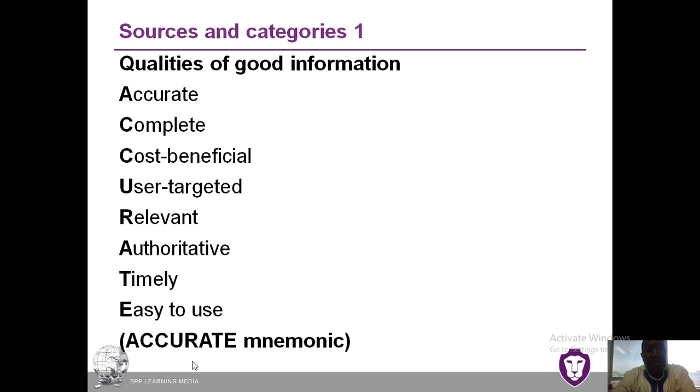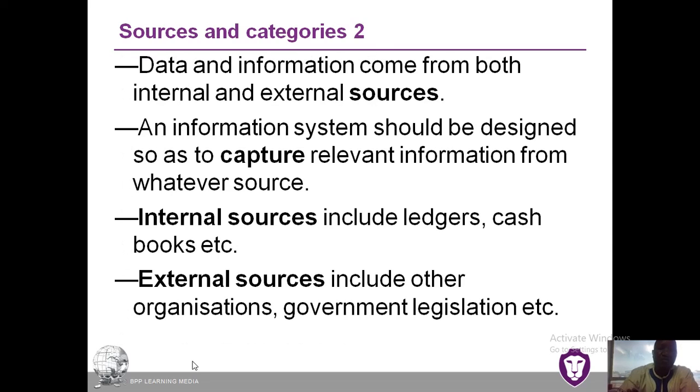So in summary, qualities of good information can be summarized in a mnemonic called ACCURATE. So it must be accurate, complete, cost beneficial, user targeted, relevant, authoritative, timely, and easy to use.